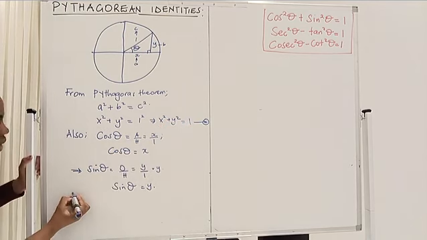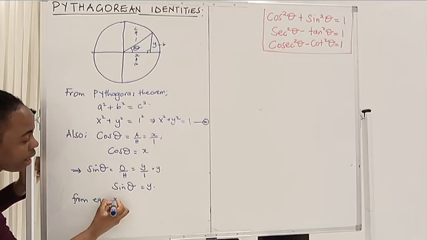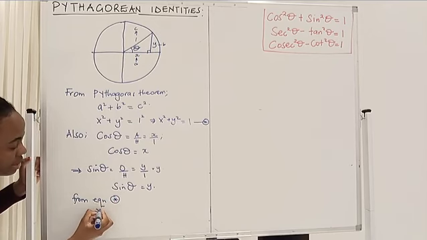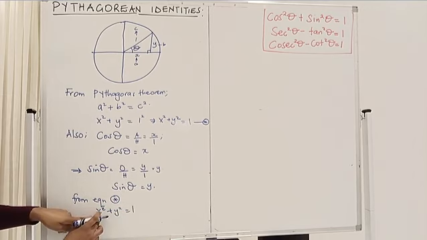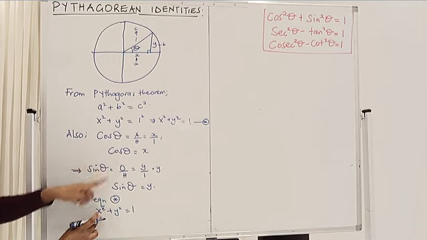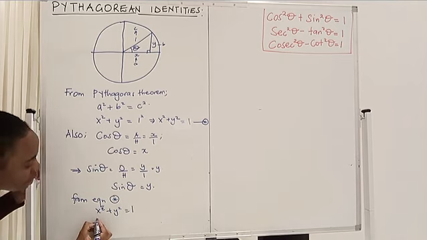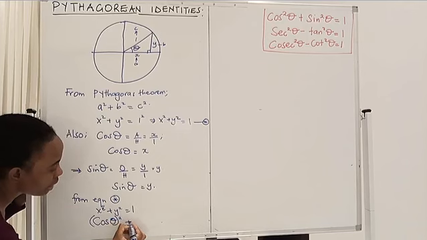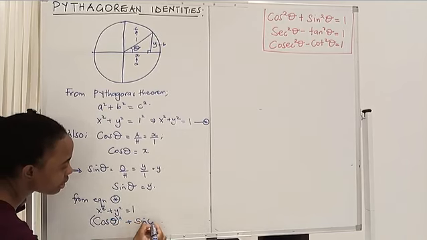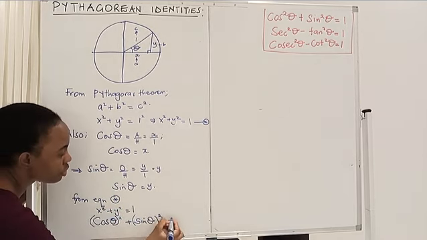Okay, so let us say now from equation star, which is x squared plus y squared equaling to 1, where there is x, you put cos. Where there is y, you put sine. So I will have, my x is cos, we shall have cos theta, quantity squared, plus sine theta, because y is equal to sine, quantity squared is equal to 1.